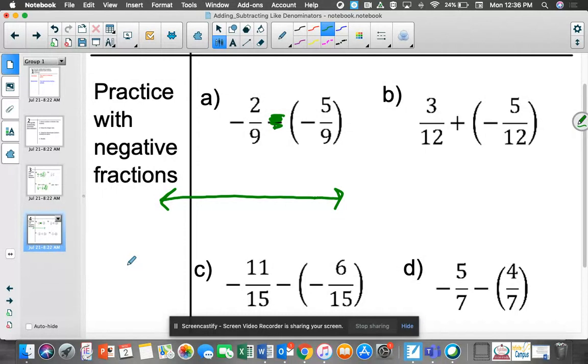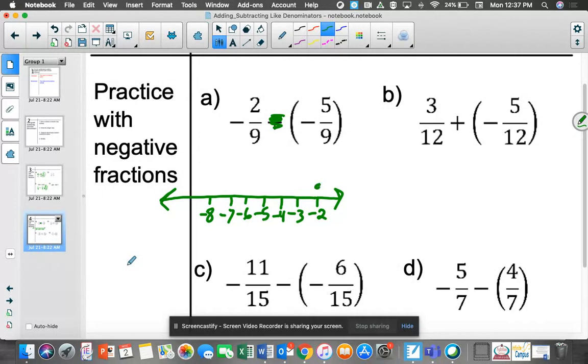So we're starting at -2. I know we're subtracting 5, and I know when I subtract, I go to the left.